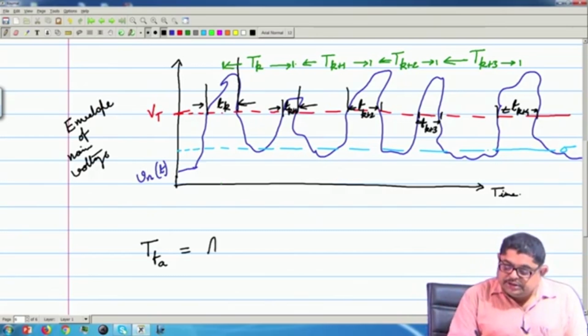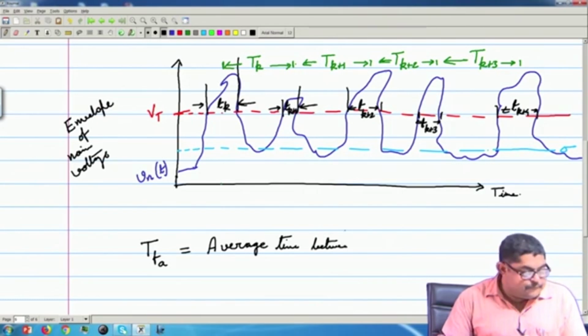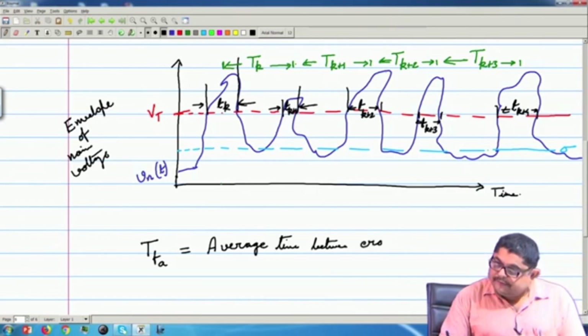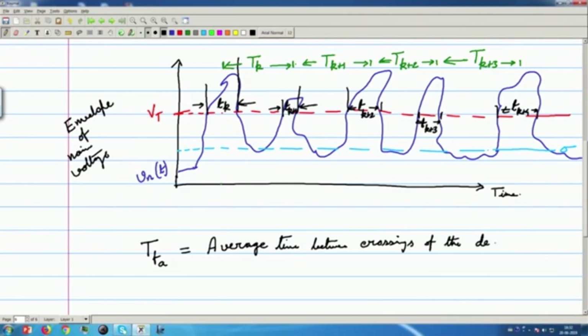So, this is defined as average time between crossings of the decision threshold when noise alone is present.